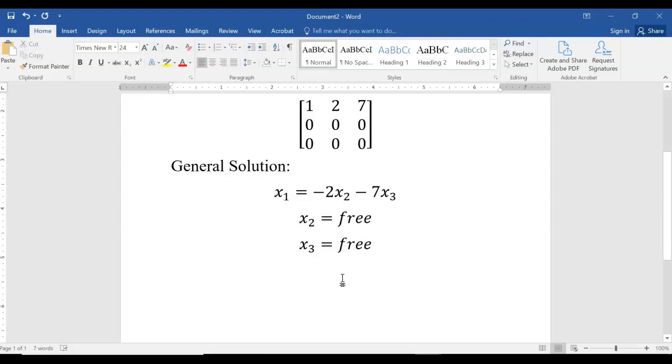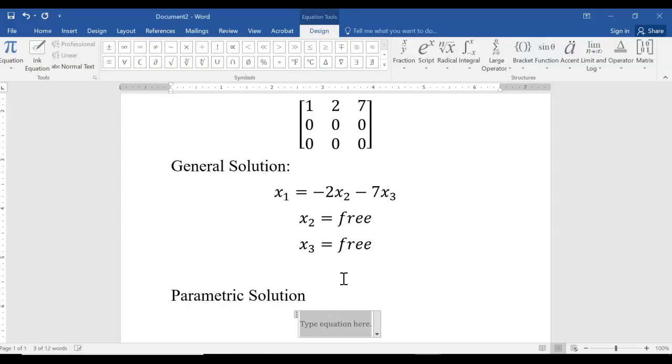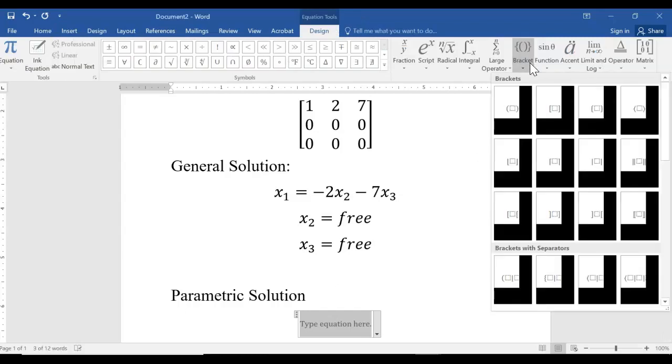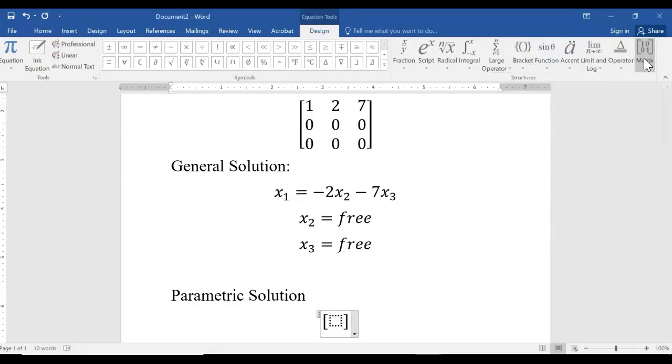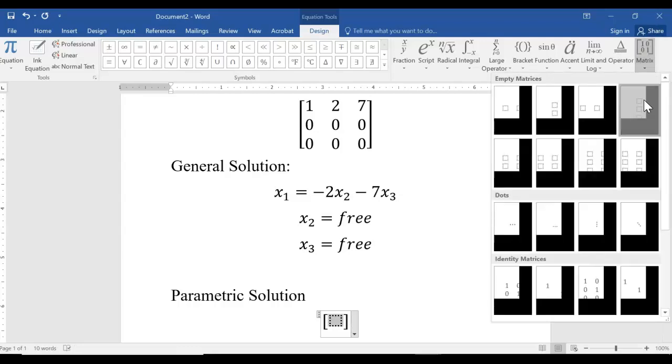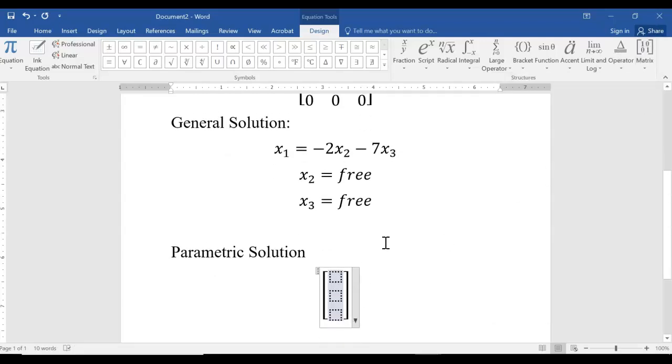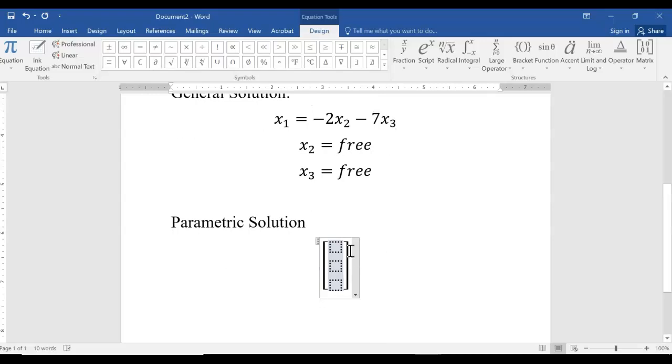Now think about what this means for a vector. A vector is going to have, first off, 3 entries.